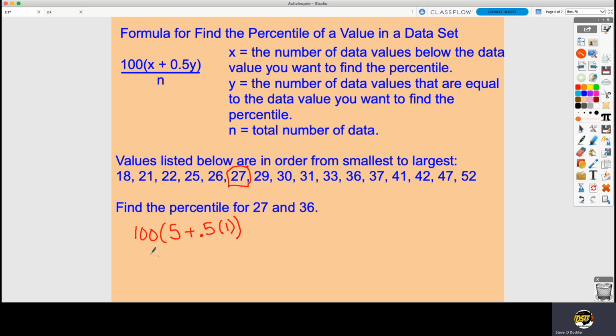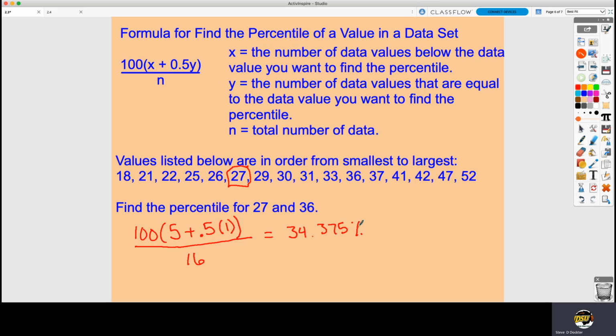So you take 100 times 5 plus 0.5, and then we divide it by the total number of data points, which is 16. And that gets you a percentile of 34.375.